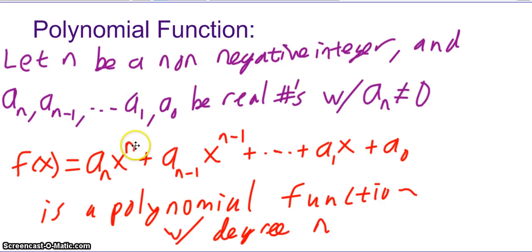So n represents the degree of the polynomial function. The a sub n minus 1, and so on, those are all coefficients of each term for the polynomial function. So this is our standard form of a polynomial function.